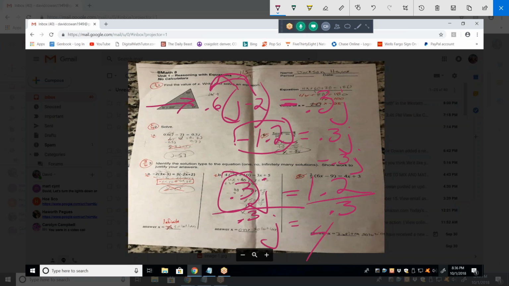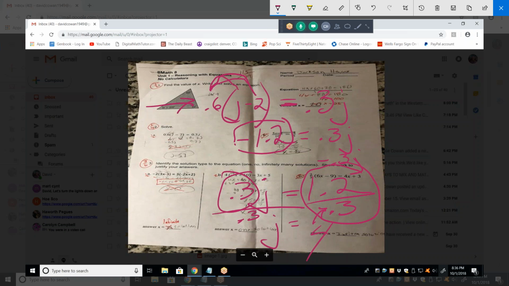First of all, 12 divided by 3 is 4. But 1.2 divided by 0.3 is also 4, no matter how you do it. You do it long division, you do it with a calculator, you do it in your head. The key is, after you're done coming up with the answer, now multiply 4 times that, and you better get 1.2.